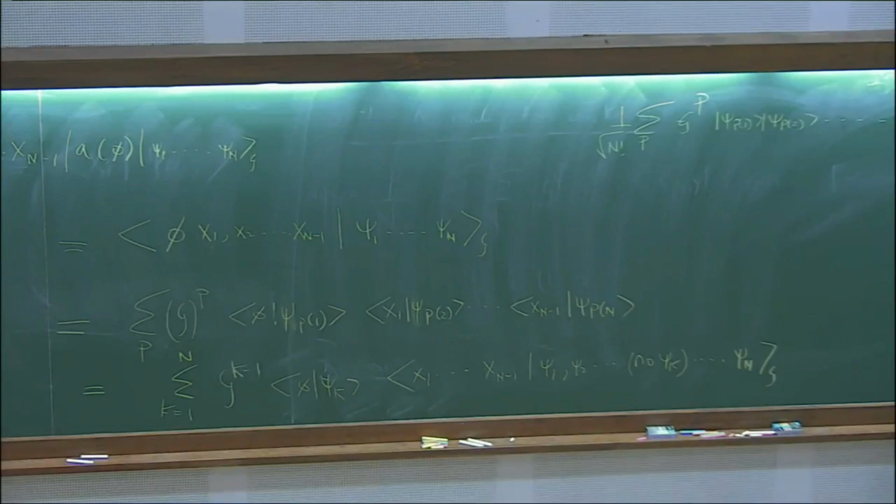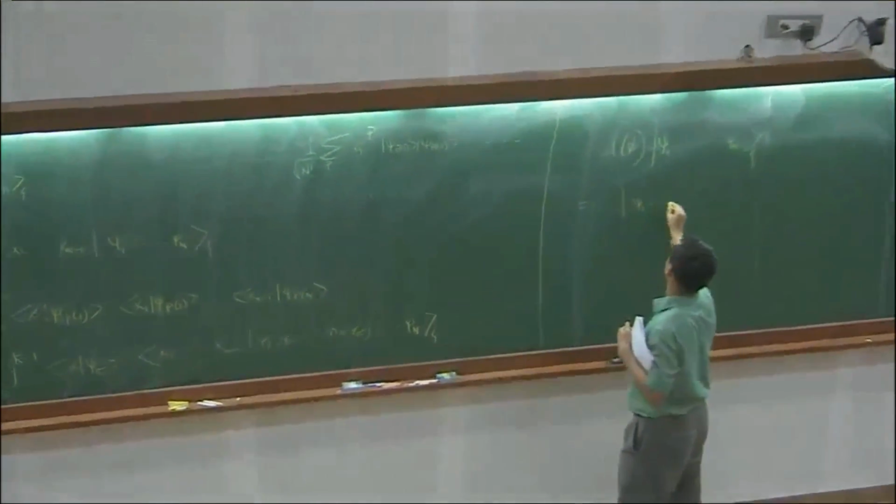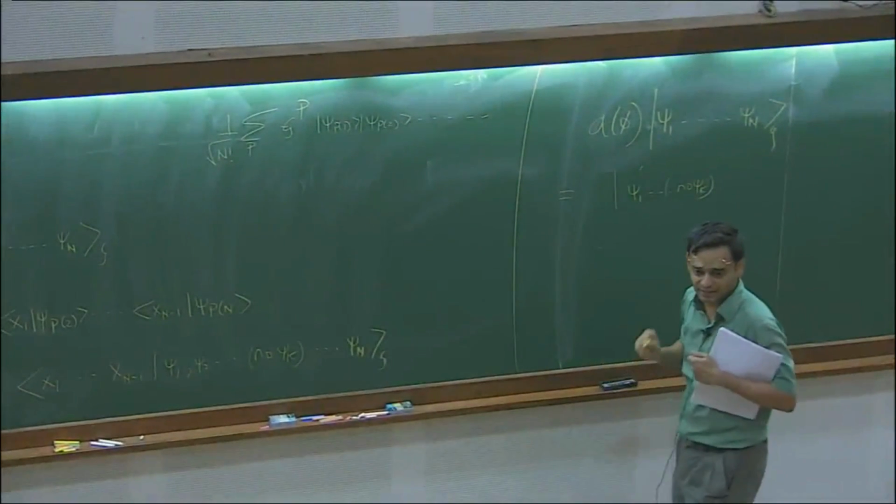So this allows you to say what A of phi does. What does A of phi do, acting on a state psi 1 through psi n? Well, it gives 0 if phi is not one of these orbitals, right? And if it is one of these orbitals, it removes that particle, no psi k. Supposing phi is the same as psi k, right?